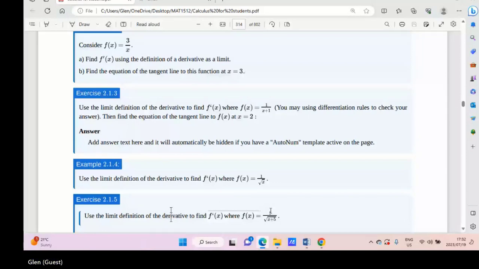Theo and Abdul's answer said -1 all over 2 the square root of x plus 5 cubed. Is that what you got? Yes, sir, but I simplified it. Yeah, I went further.